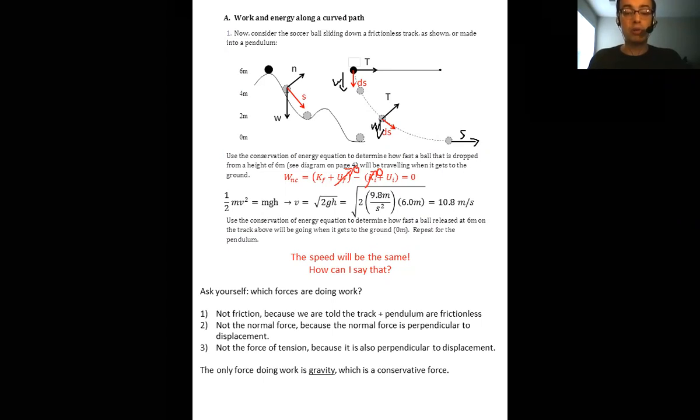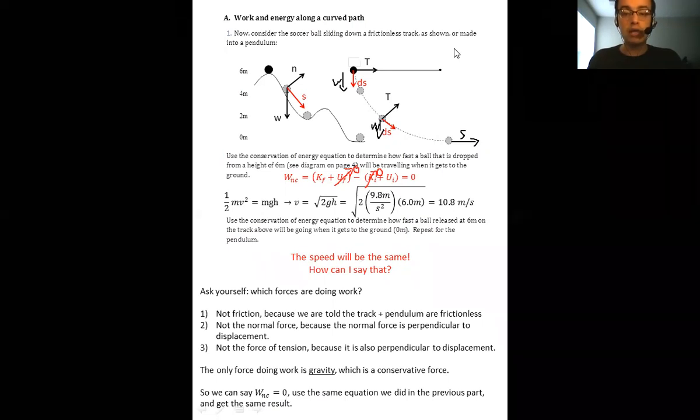The only force doing work is gravity, which is a conservative force. So what we can say is that work done by non-conservative forces is equal to 0, which means we can use the same equation we did in the previous part, and that's going to give us the same result. So I'm going to go ahead and erase this marking here.